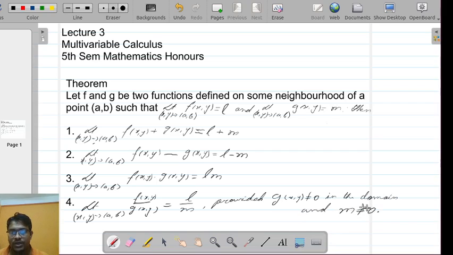So it's necessary that the function g as well as its limit should be non-zero. Only then can we talk about the quotient.